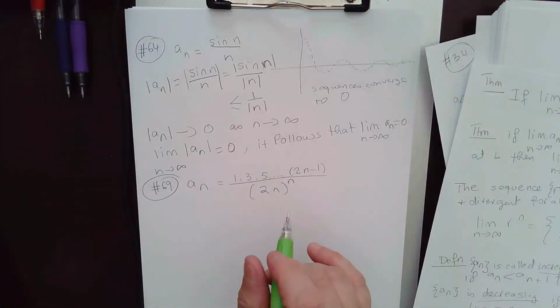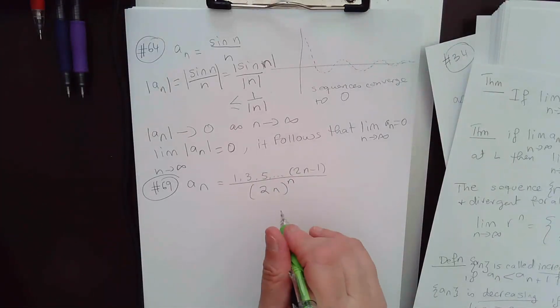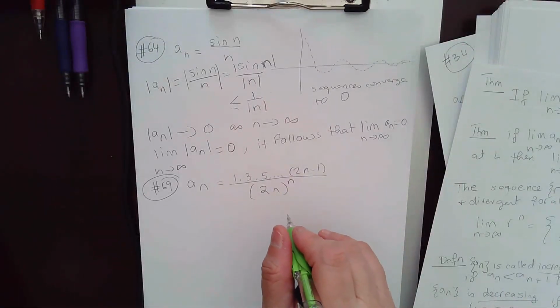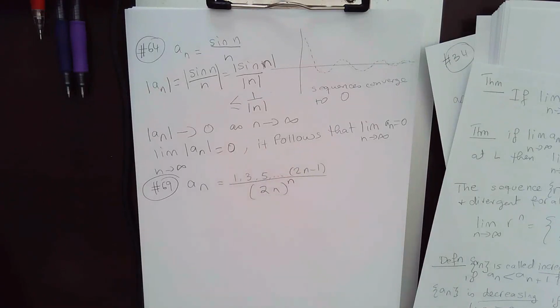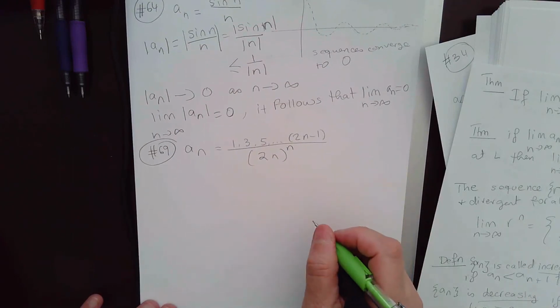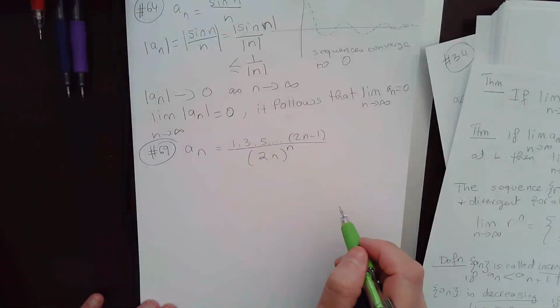A little bit tough here, but we can do it. So go ahead and check the graph. If you notice, take a pause for a little bit, check the graph. The graph is going to approach 0. It's going to approach 0.